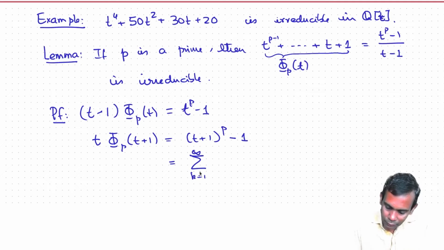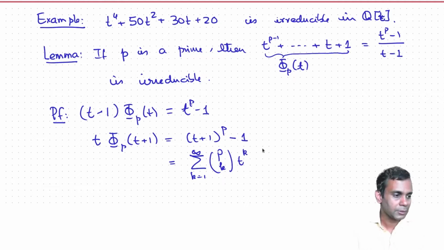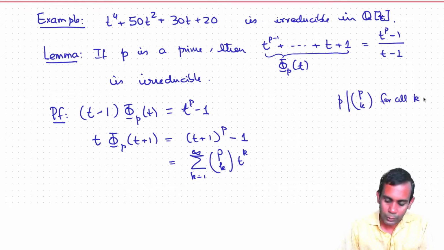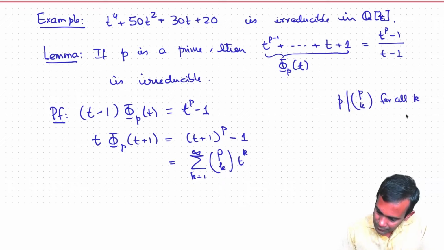I'm removing the k equals 0 term because it will cancel out with this minus 1. p choose k times t raised to k. But now note that p divides p choose k for all k between, except for 0 and p.